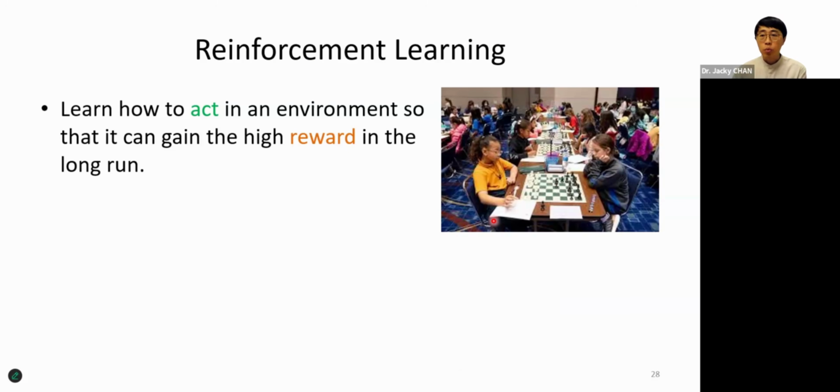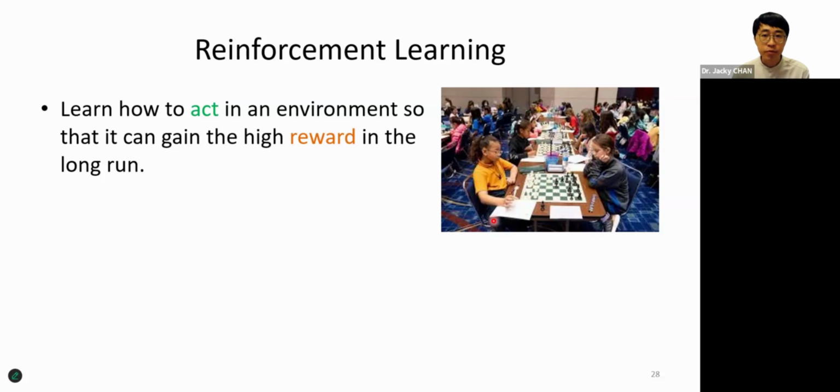The third type is reinforcement learning. Reinforcement learning focuses on performing actions, making decisions in an environment to maximize some long-term reward. It is done by trial and error. We just keep trying to find a good way to get a higher reward.